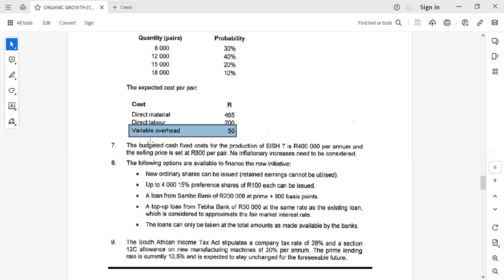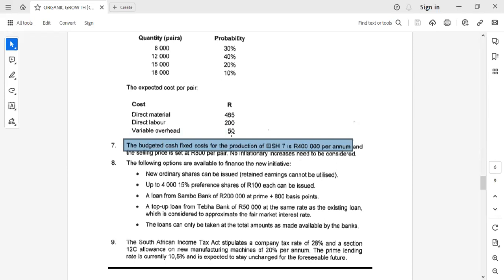Then we know that the budgeted cash fixed cost for the production of H7 is 400,000 per annum. Right. With the fixed cost, you should be very careful because sometimes it might include things like depreciation. If it includes depreciation, we'll take out the depreciation. Why? Because depreciation is a non-cash item.